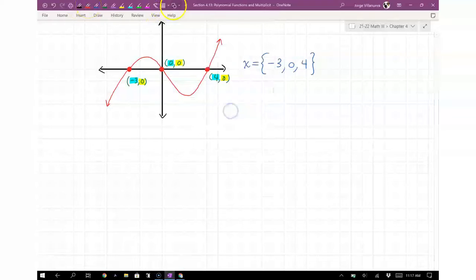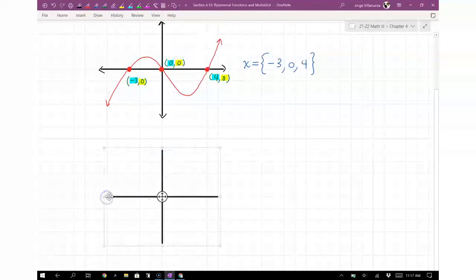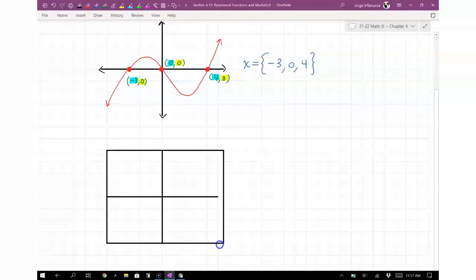I'm going to show you a graph of what some of the problems might look like on your homework. They're going to give you a picture like that. I'm just going to mark some tick marks. Now all of these count for 1.